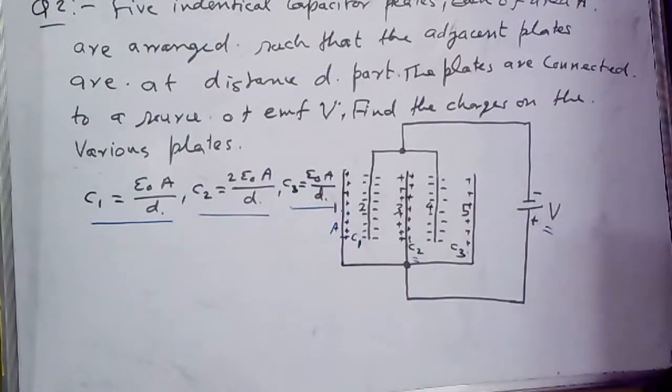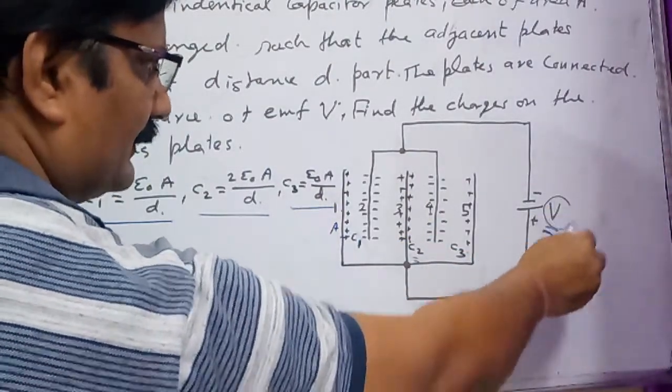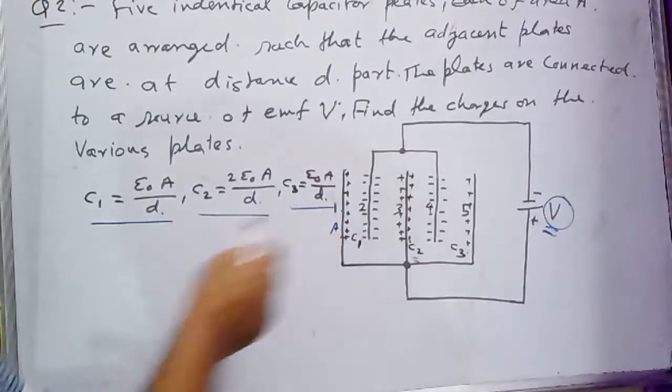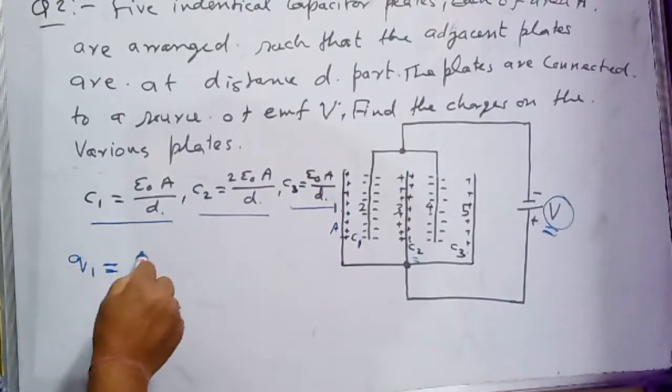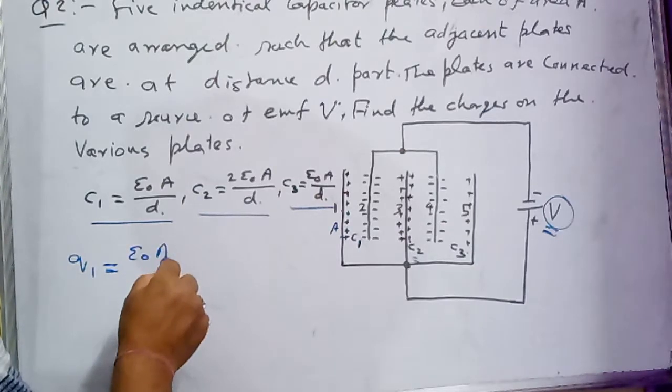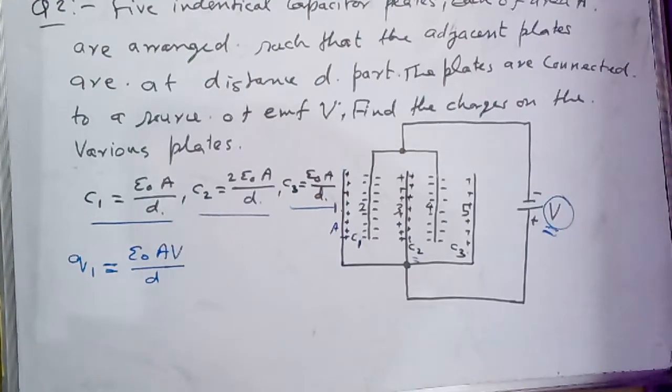What is going to be the charge on the first capacitor? The charging potential for all the three capacitors is V. So charge on the first capacitor Q1 is equal to capacitance C1, that is epsilon naught A by D multiplied by charging potential.